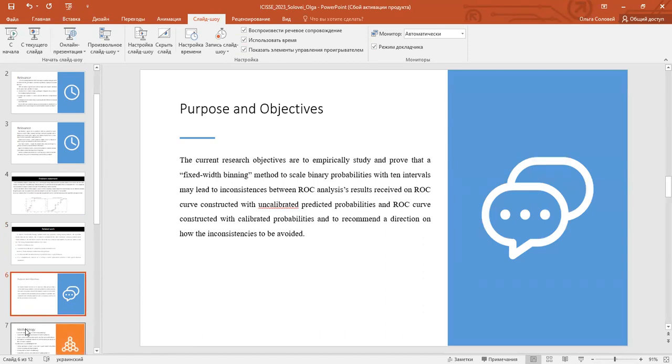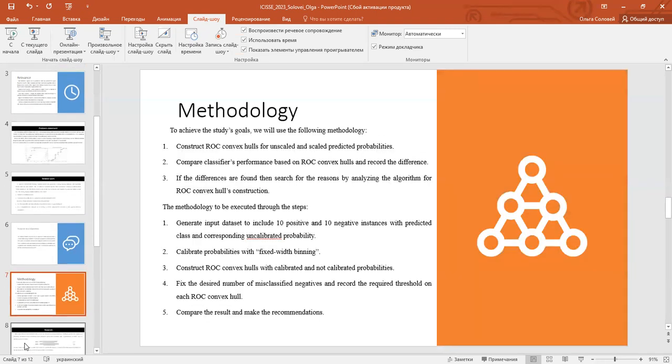Objective for this study: the current research objectives are to empirically study and prove that a fixed width binning method to scale binary probabilities with 10 intervals may lead to inconsistency between the ROC curve analysis results received on an ROC curve constructed with uncalibrated scores and an ROC curve constructed with calibrated scores, and to recommend a direction on how the inconsistency can be avoided.